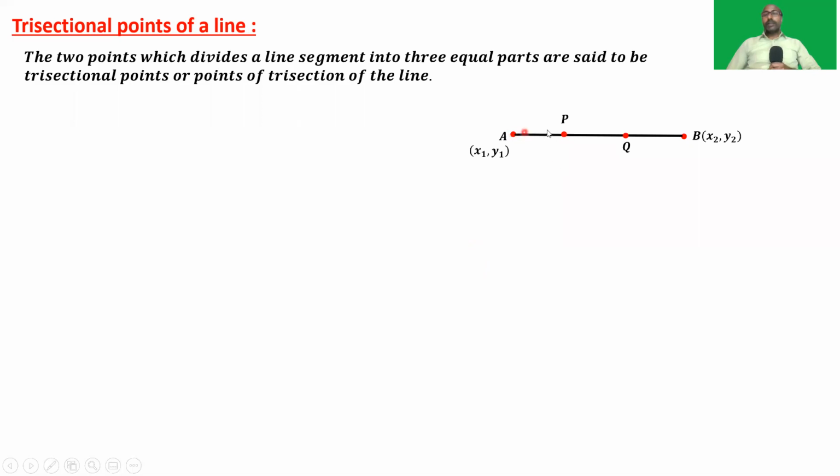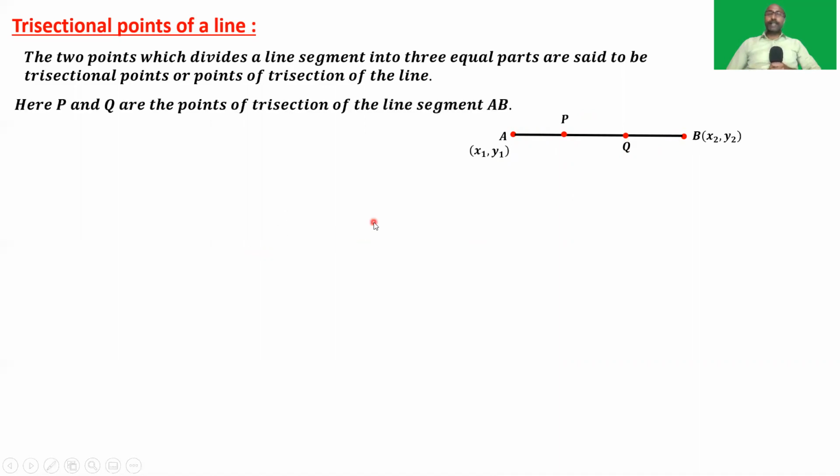So if AP is one part, PB is two parts here, and AQ is two parts and QB is one part. So here P and Q are the points of trisection. So P divides AB in the ratio 1:2 and Q divides in the ratio 2:1.